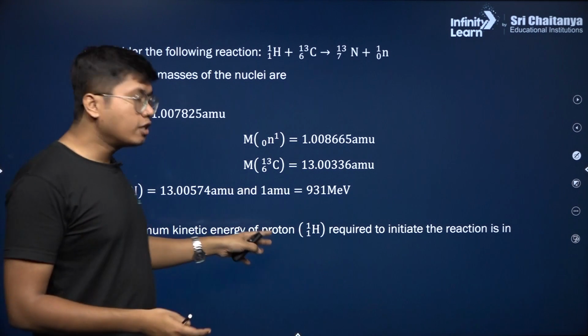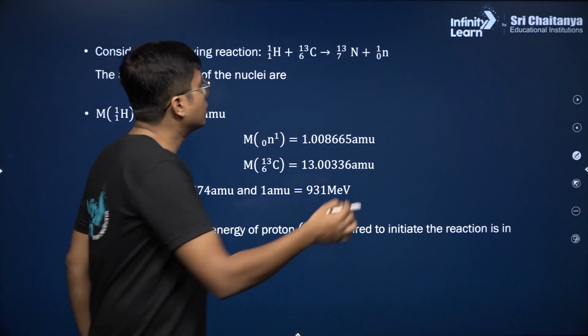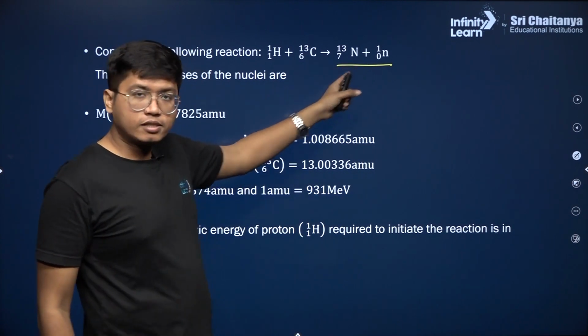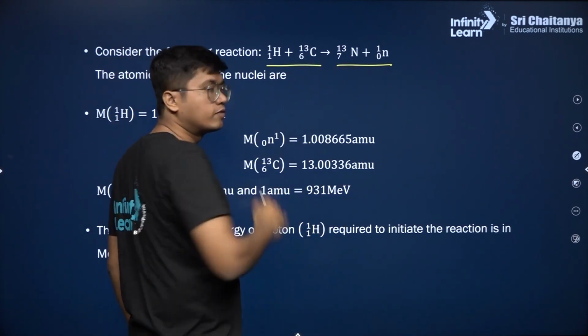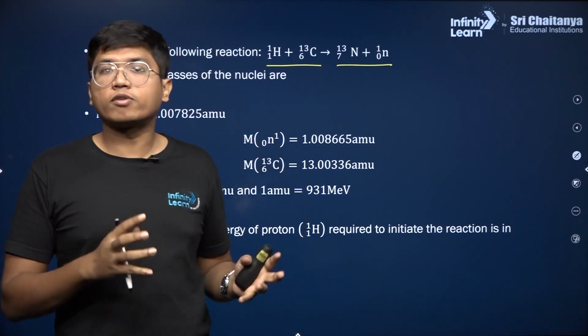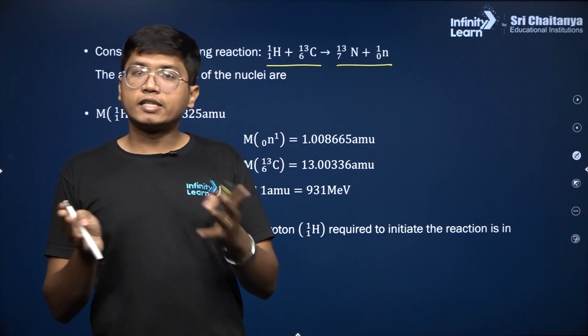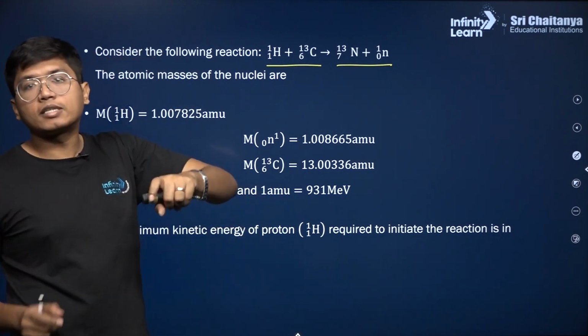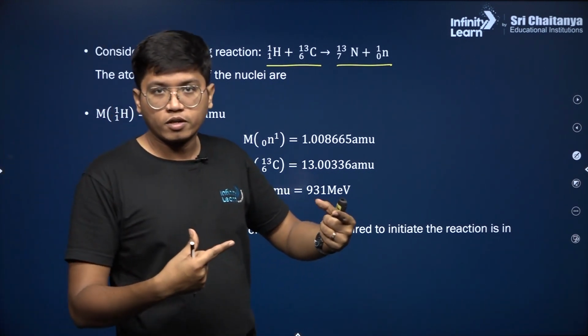So why is this energy required? Because if you calculate, you'll get the mass of this is greater than the mass of this. So that additional mass has to be coming from some sort of energy, by the mass energy equivalence, and that energy is the kinetic energy that you need to externally supply to add up that mass, right?